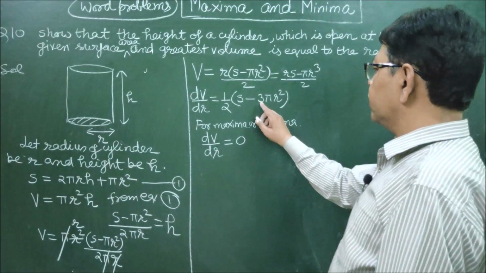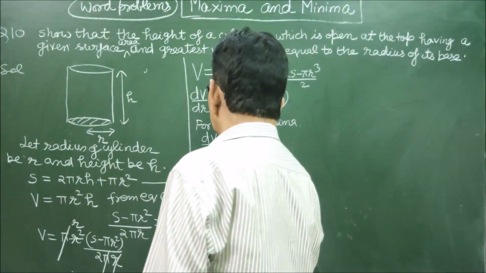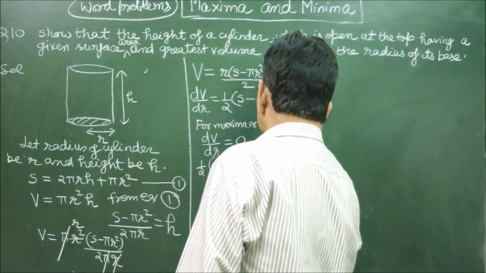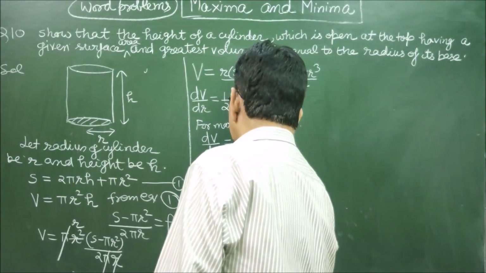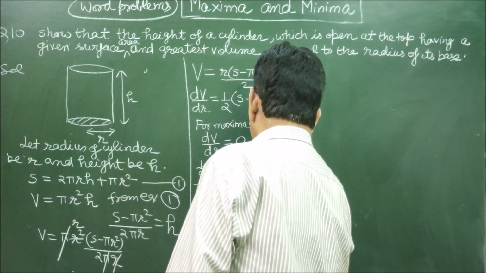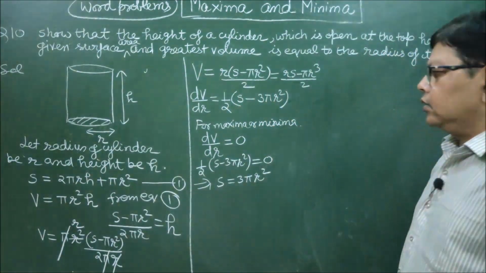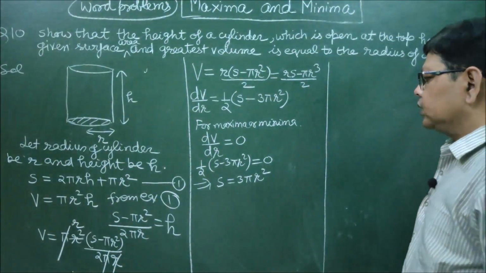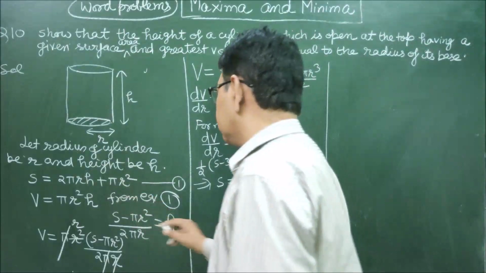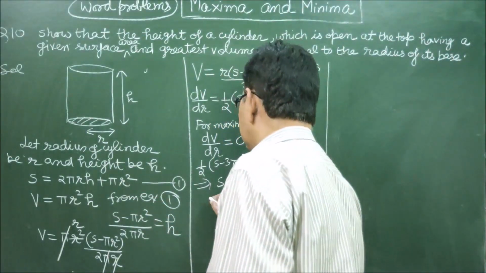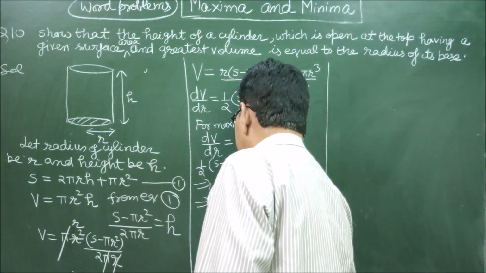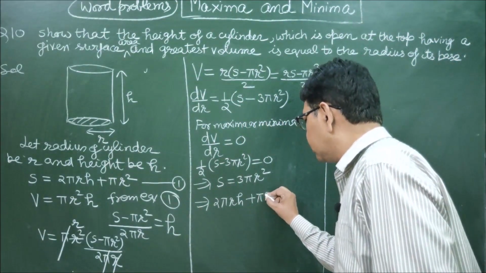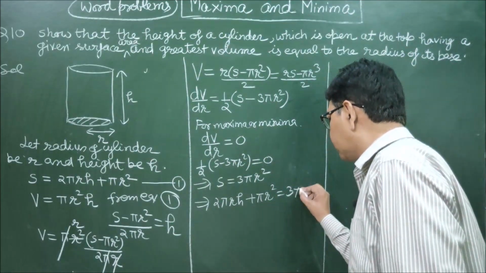So if we put it equal to 0, then half into S minus 3 pi r square is equal to 0, which implies that S is equal to 3 pi r square. From the first equation we can write the value of S is 2 pi r h plus pi r square, which is equal to 3 pi r square.